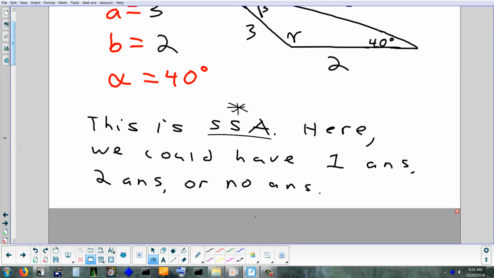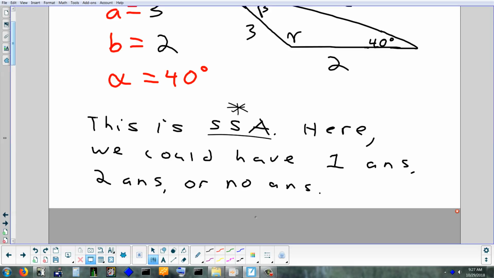This is the only case where that can happen. It can never happen in angle side angle. It can never happen in side angle angle. It can never happen in the 2 cases we're going to learn on Wednesday for law of cosines. It can only happen here, side side angle.